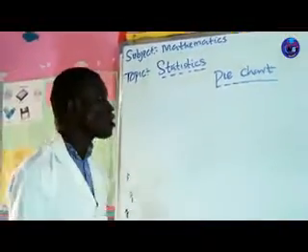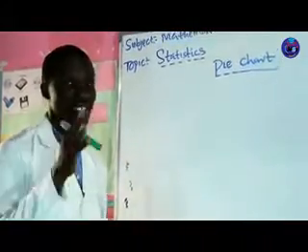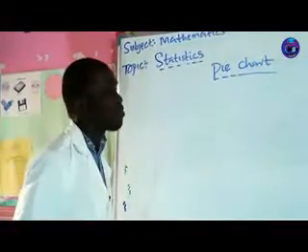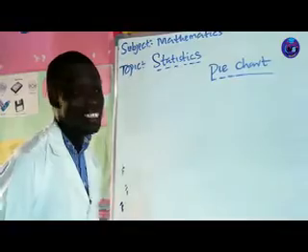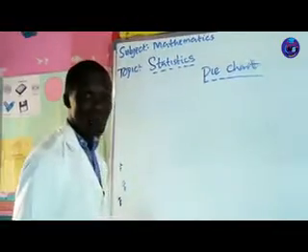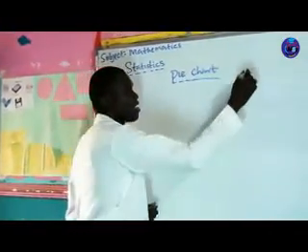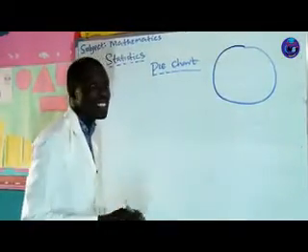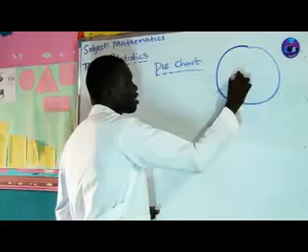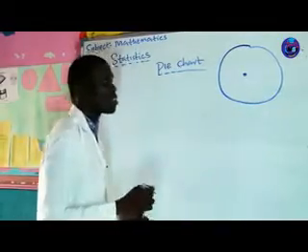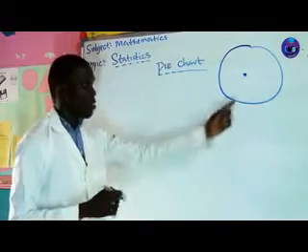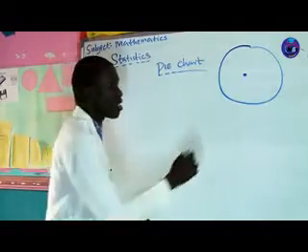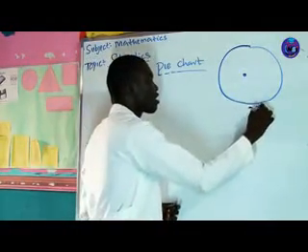Okay, class, we want to look at pie chart. It's not meat pie, so don't get confused with that. It's a pie chart, and how does a pie chart look like? It's just like a circle, and remember, the sum of angles at a point, or sum of angles of a circle, is 360 degrees.